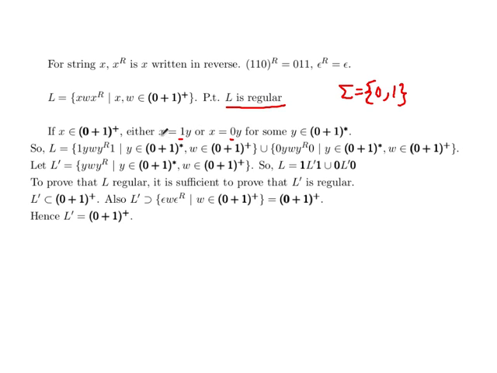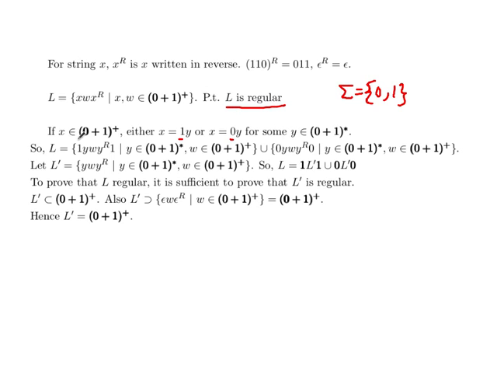Since X is just any non-empty string, it can be of length 1 or more, so y is of length 0 or more. So y is (0 union 1) star. Y can be any string of 0 1.